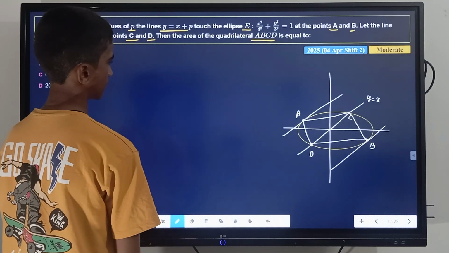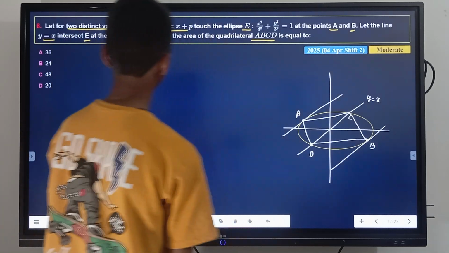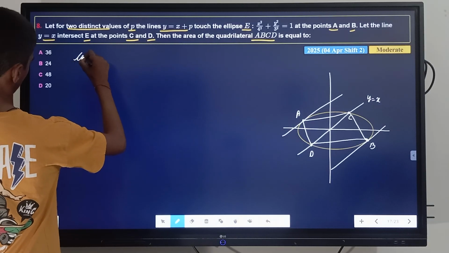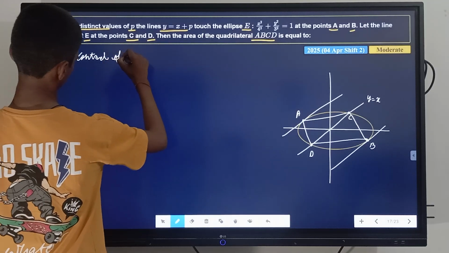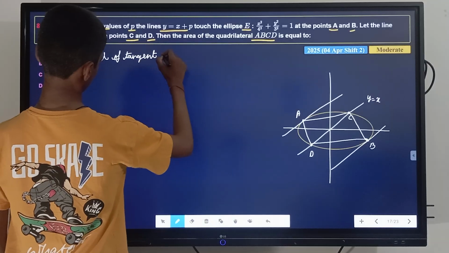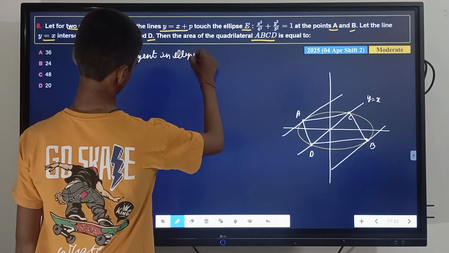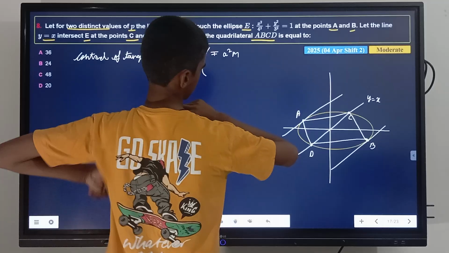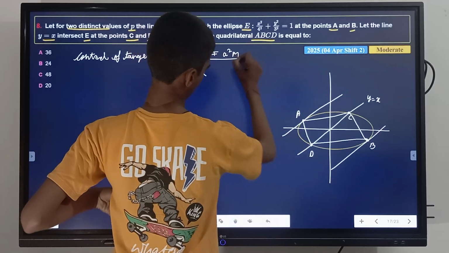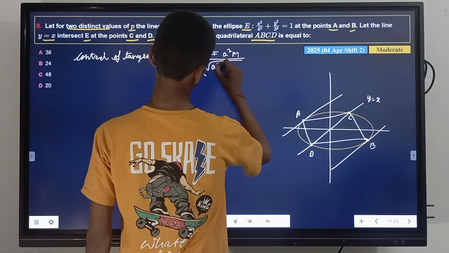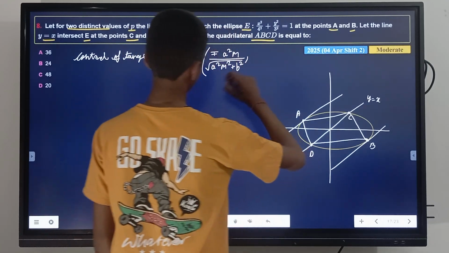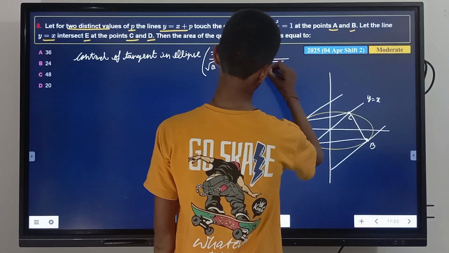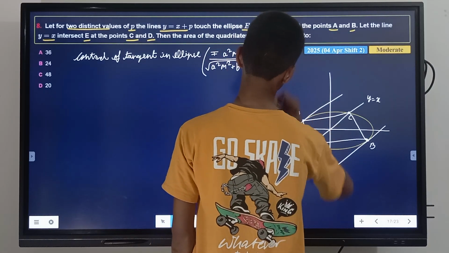Now here our point of contact of tangent in ellipse will be minus plus a square m upon under root of a square m square plus b square, comma plus minus b square upon under root of a square m square plus b square.